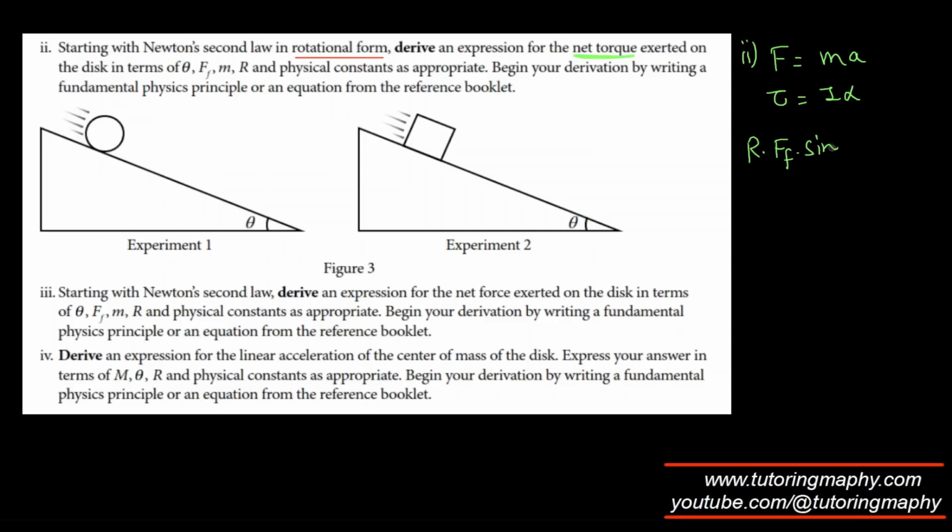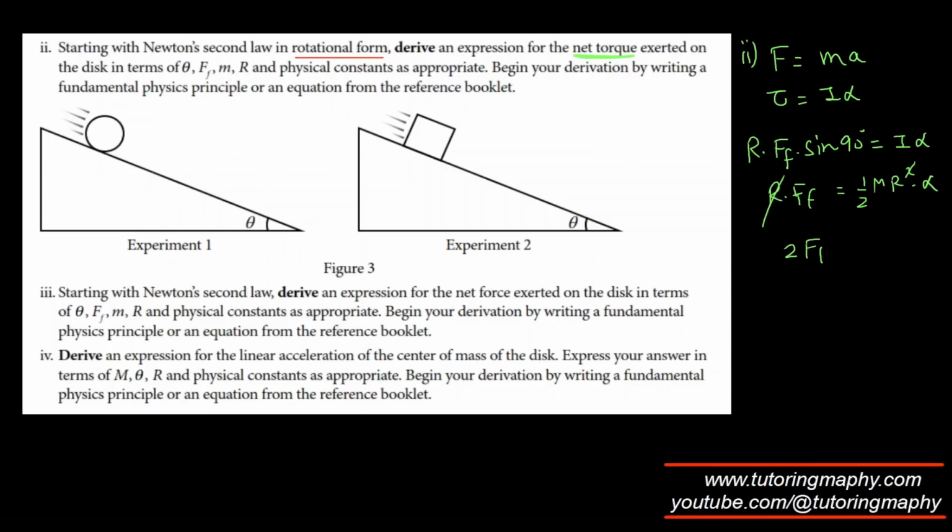And remember that between the radius and the friction, the angle is 90, and this is equal to I alpha. So this becomes R times Ff, because sine 90 is anyway 1, and that's equal to half mr squared times alpha. So R and r are gone.